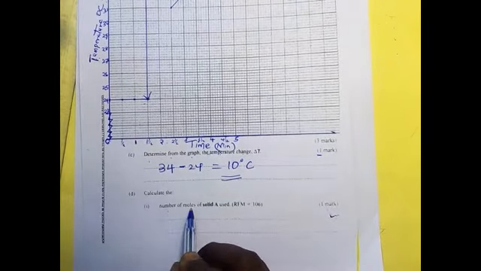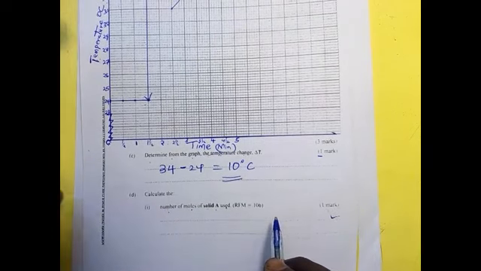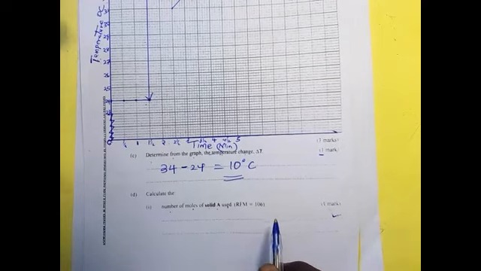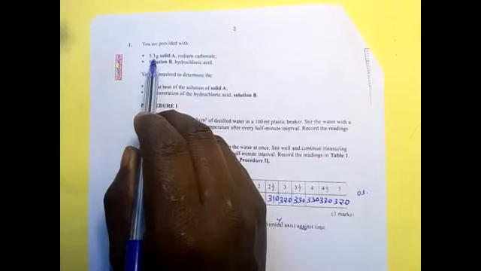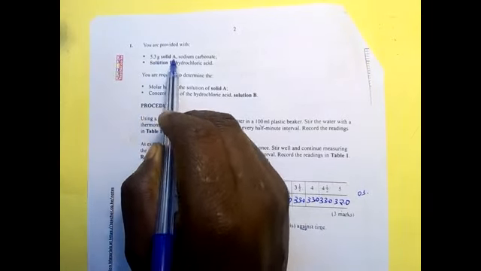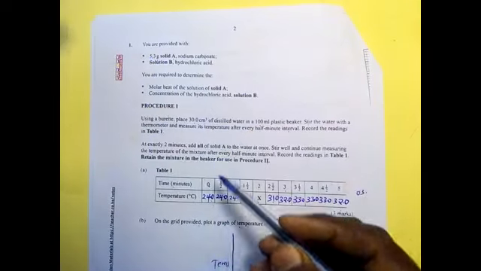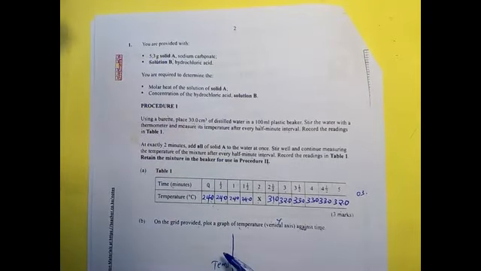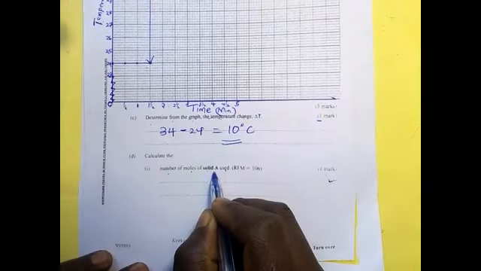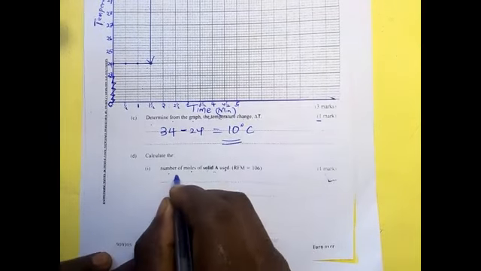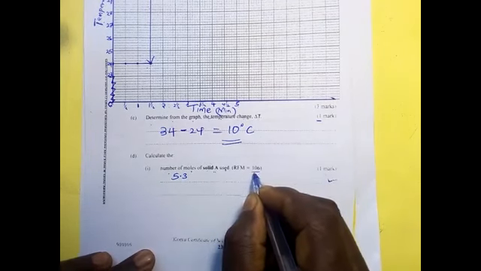Calculate the number of moles of solid A used. So to get solid A, you go back to what you are provided. We are provided with 5.3 grams of solid A, sodium carbonate. So we have the mass and we have been given the RFM. So the mass of solid A is 5.3 and the RFM is 106.